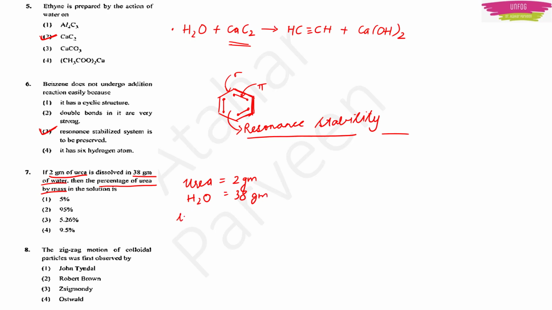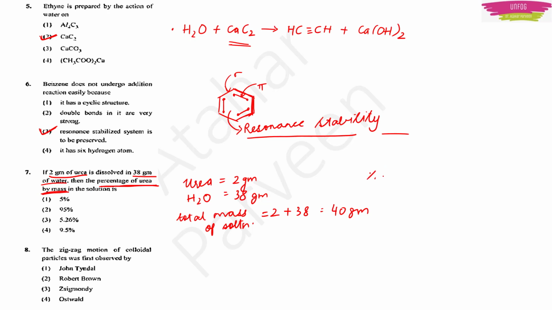So the total mass of the solution will be 2 plus 38, right? It will be 40 grams. But what is the question asking? It wants the percentage of urea by mass in the solution.